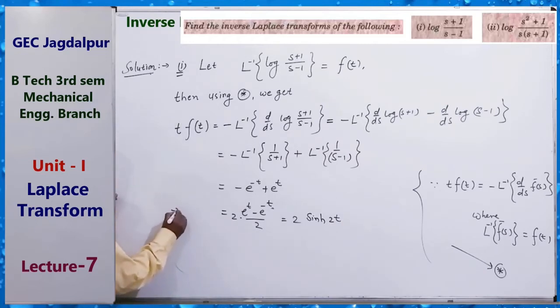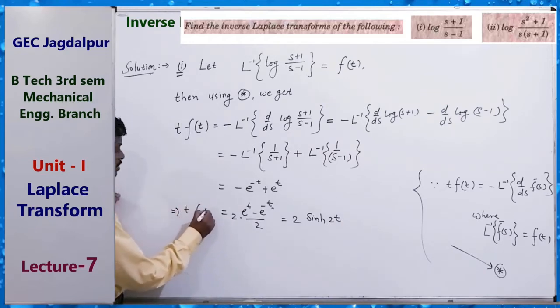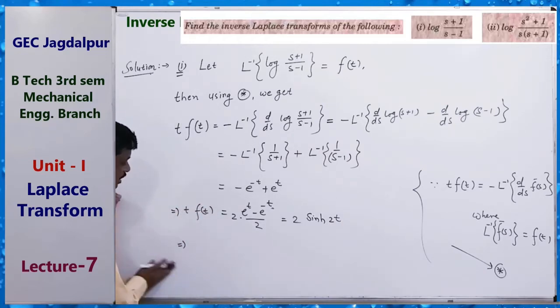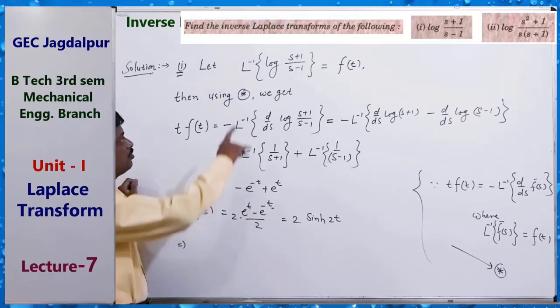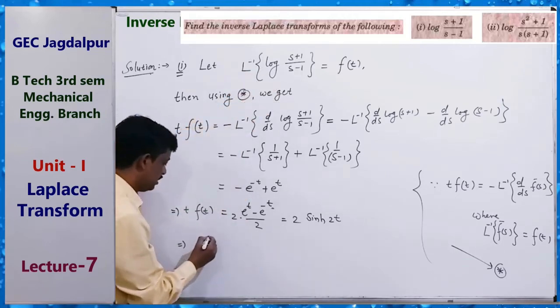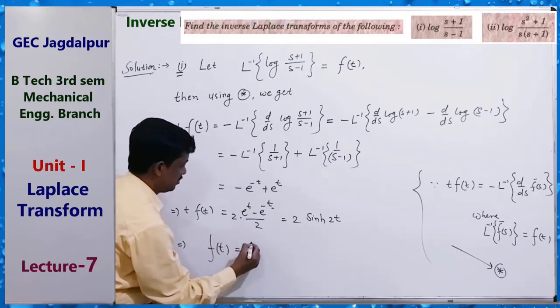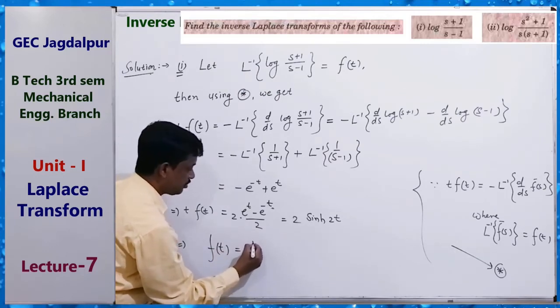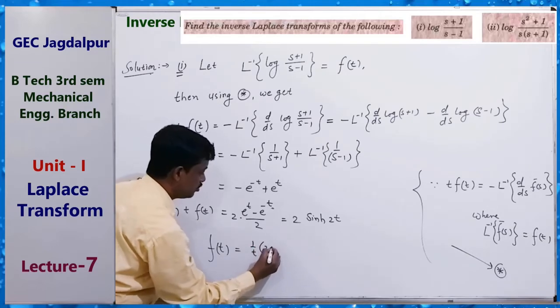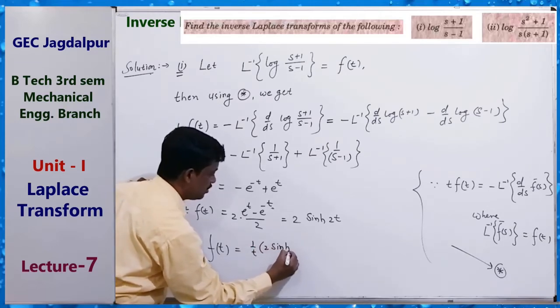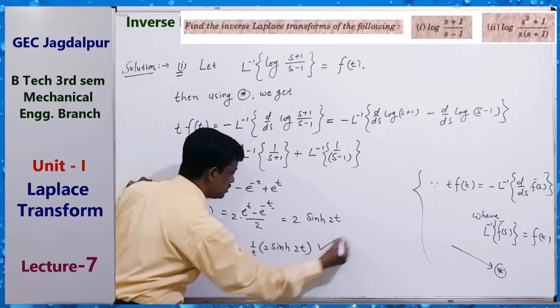Okay, so we get t f(t) equal to this. Our target is finding the value of f(t), that is f(t) equals what? 1 by t into hyperbolic sine 2t. So this is our answer.